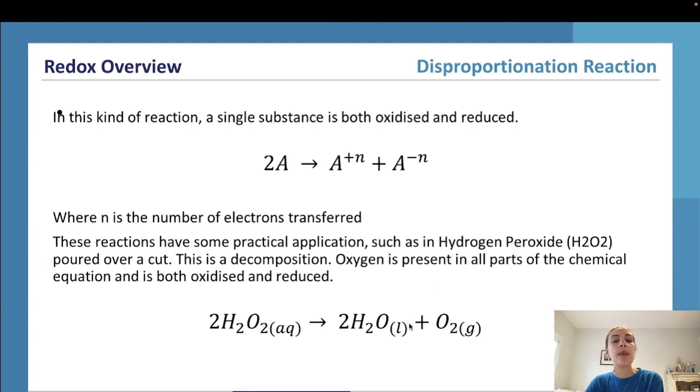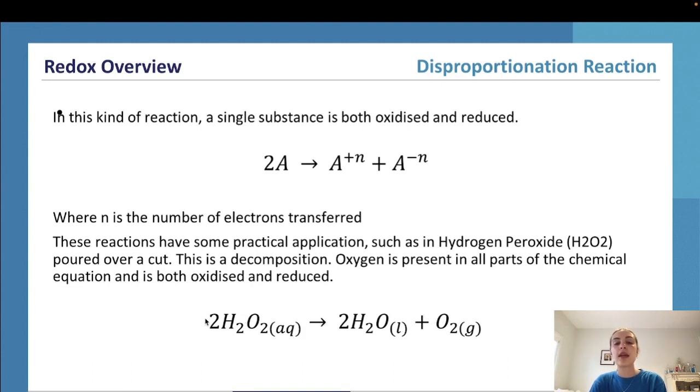So when we're looking at this, we can see we've got 2 hydrogen peroxide, or 2H2O2, makes 2H2O, 2 water, plus oxygen gas, or O2.